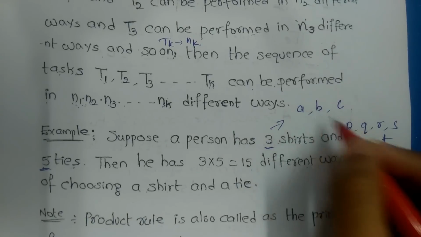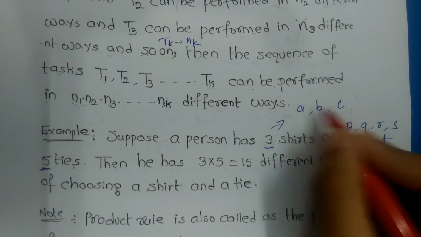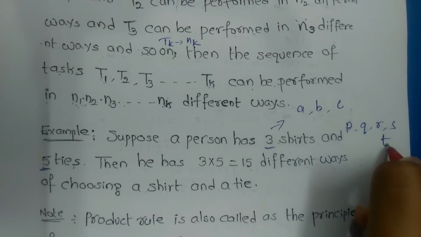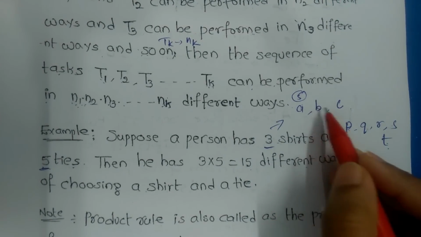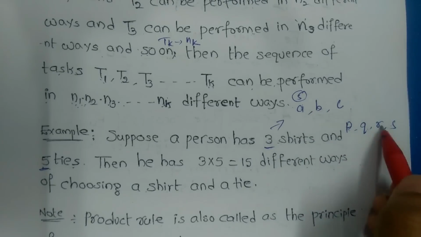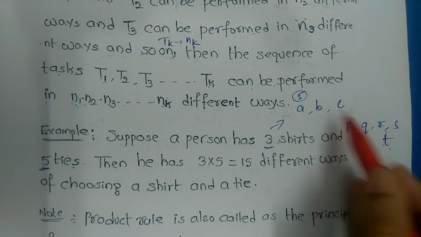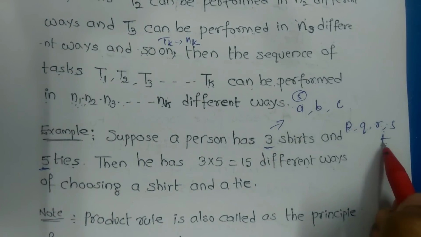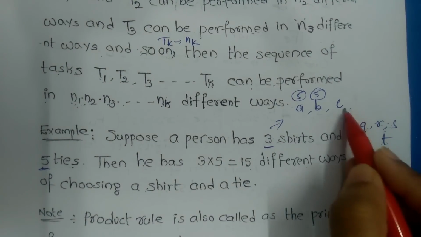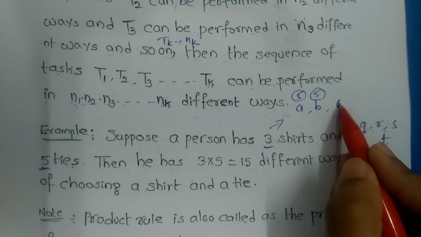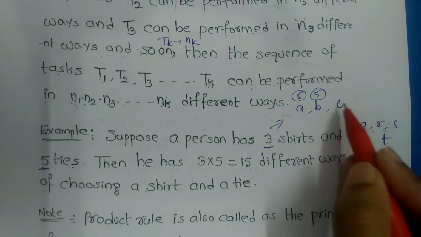So he can select AP or AQ, AR, AS or AT. So for A there are 5 ways. Similarly for B there are 5 ways, that is BP, BQ, BR, BS, BT. So it also has 5 chances. And C has 5 chances: CP, CQ, CR, CS, CT.